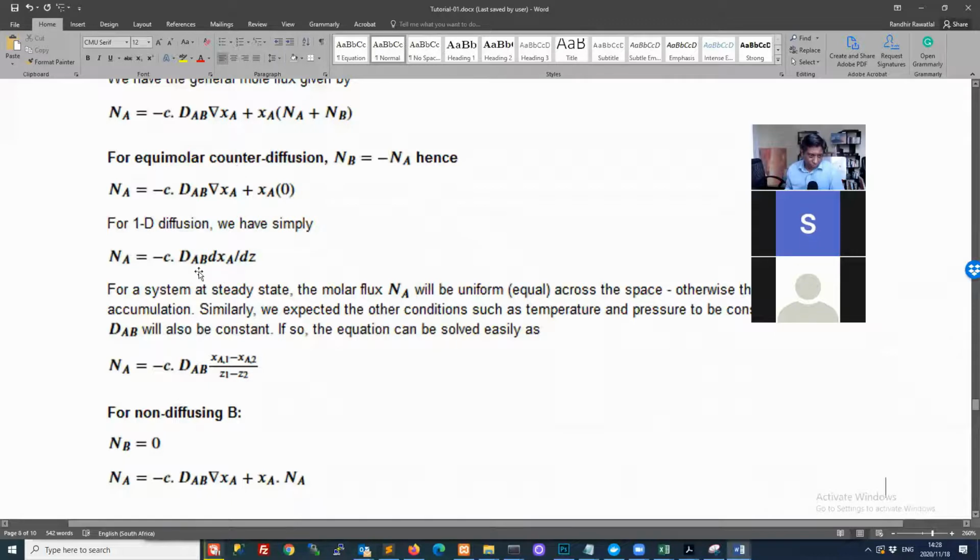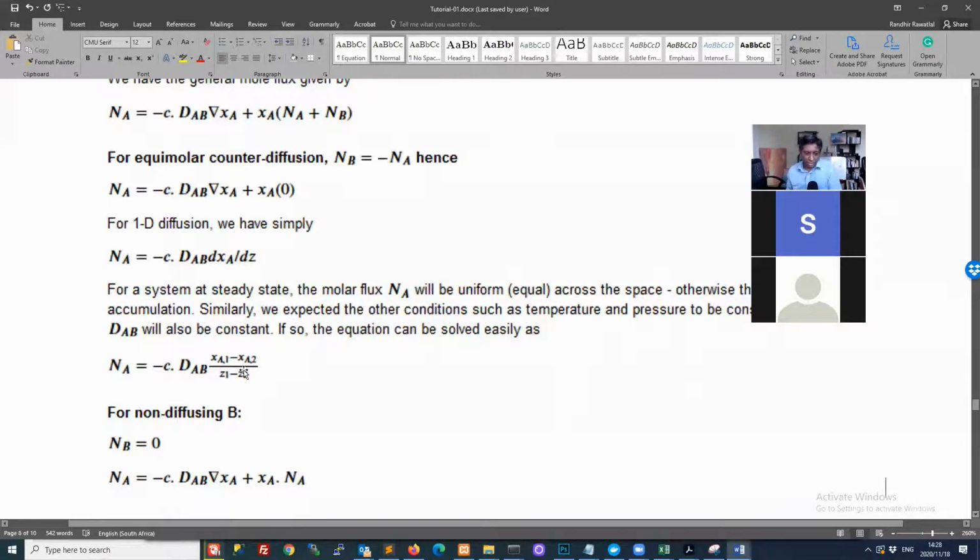So we have that the molar flux is a constant with respect to Z. Now that we know this is constant in Z, in this equation, if we want to integrate XA with respect to Z, we can just treat this as a constant. We know the total concentration is a constant, and the diffusivity is just given to us as one value. So these are all constants, and dXA/dZ is equal to a constant.